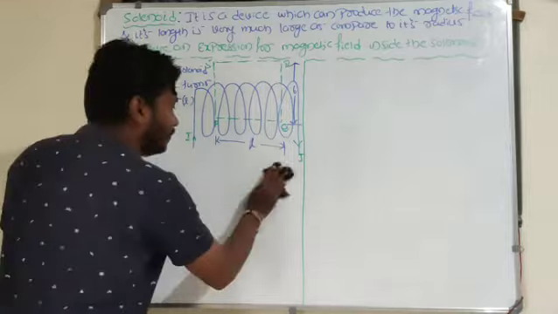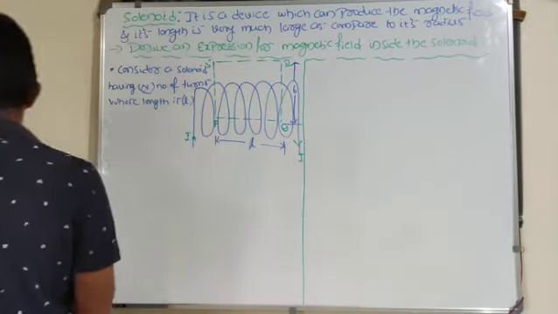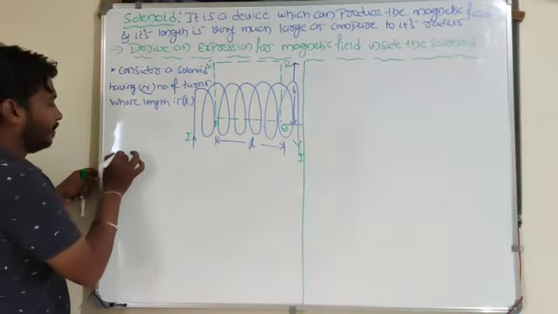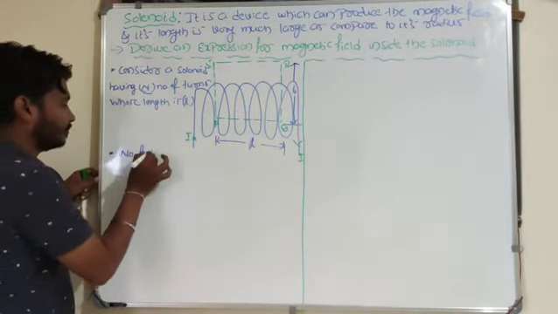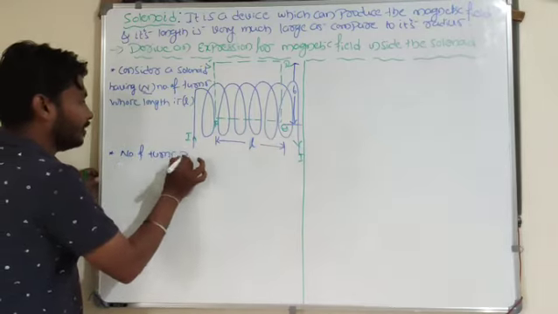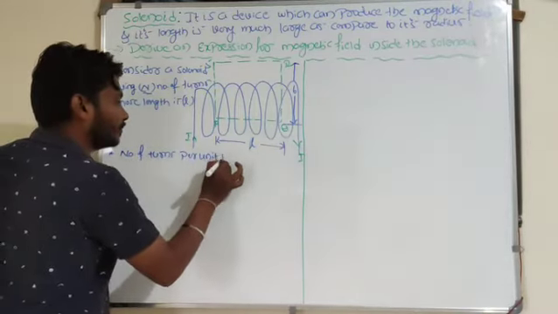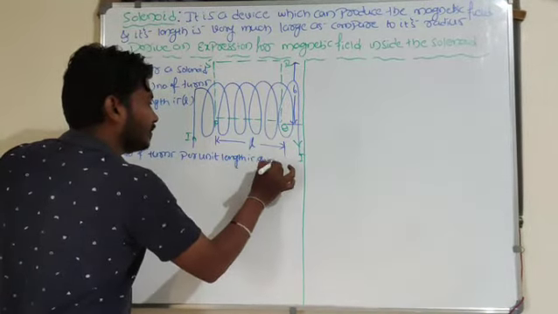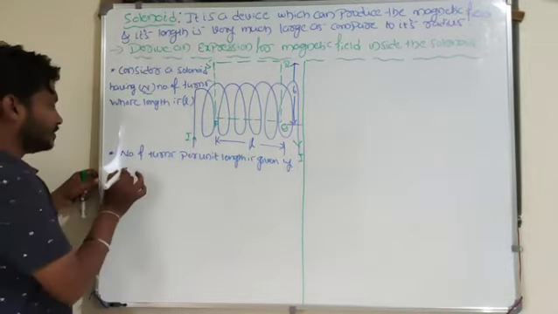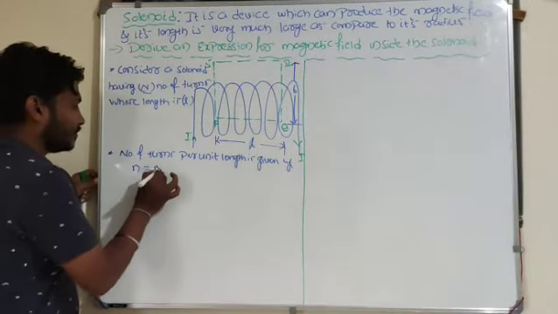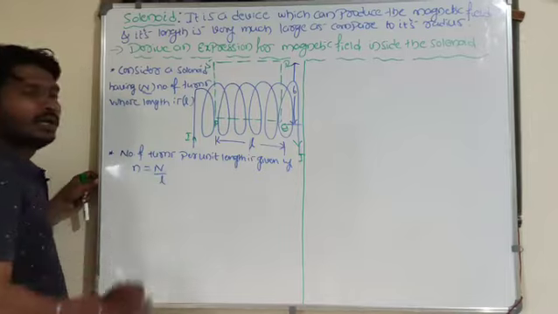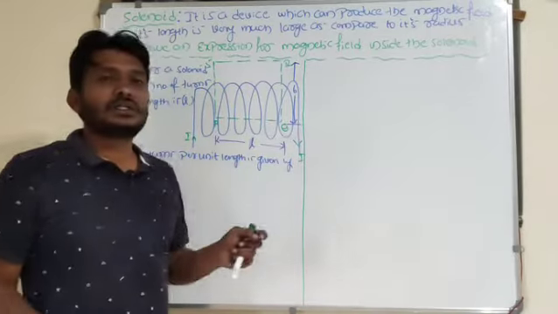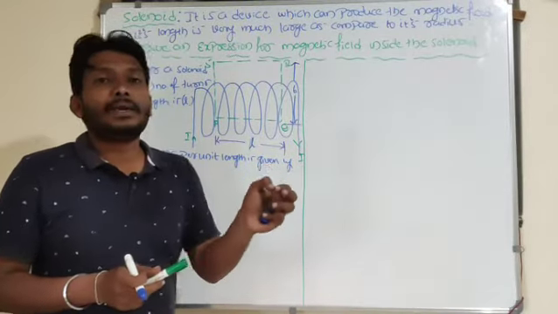Right. Now the number of turns per unit length is given by n equals N by L. In order to find the magnetic field inside the solenoid, I can apply Ampere's circuital law.